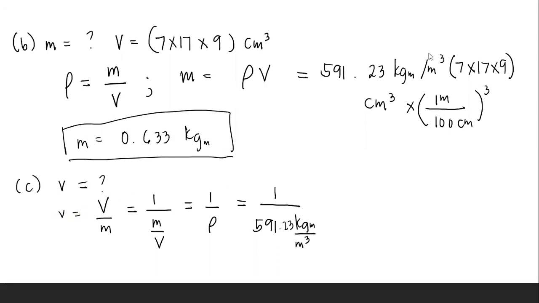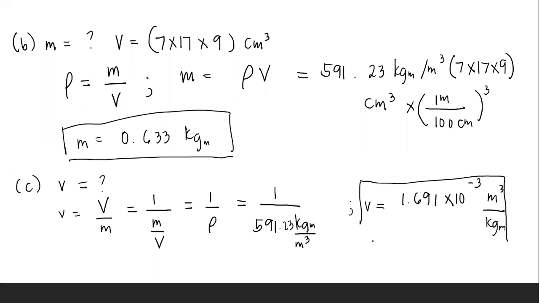The specific volume is equal to 1.691 times 10 to the negative 3 cubic meter per kilogram mass.